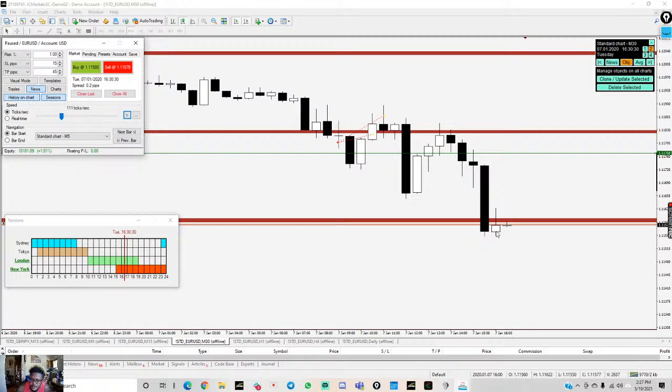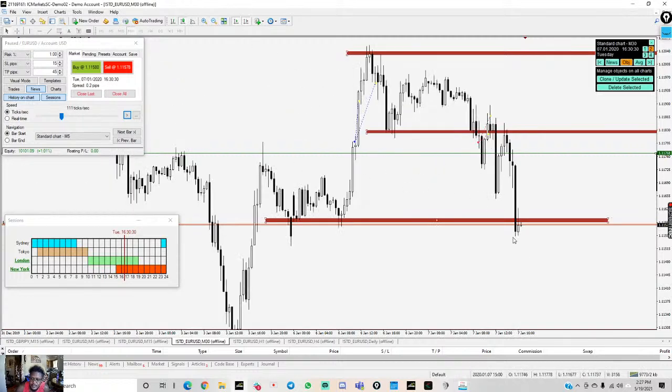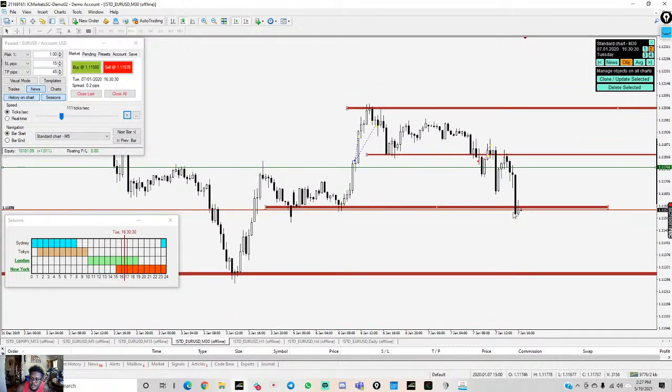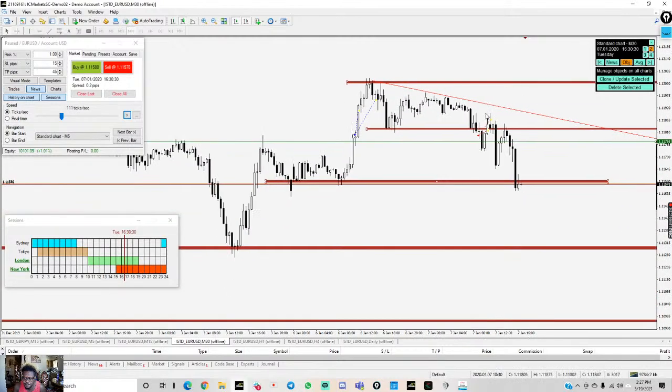Alright, so seeing that we are farming support now, then I know the play becomes invalid. But if you look at the current market structure from here all the way down, we are bearish. We are pushing bearish.